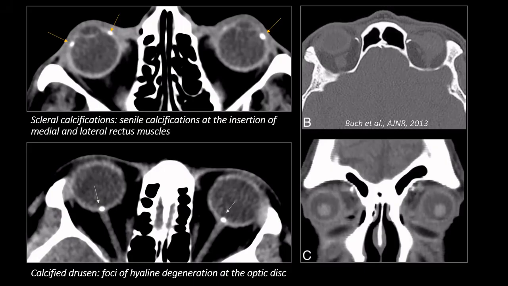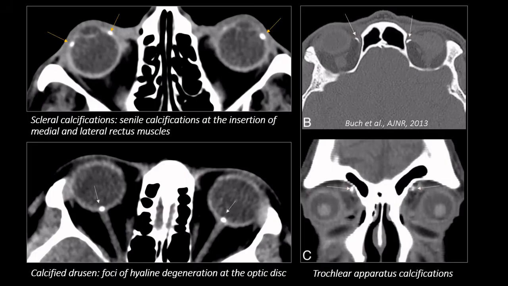And then we have trochlear apparatus calcification, strictly speaking not a lesion of the eyeball, but I'm going to discuss them here because it makes sense when talking about incidental findings. And you see these very small calcifications located supromedially in the intraorbital compartment. These are calcifications of the trochlear apparatus, which is basically a small cartilage ring through which the superior oblique muscle passes.